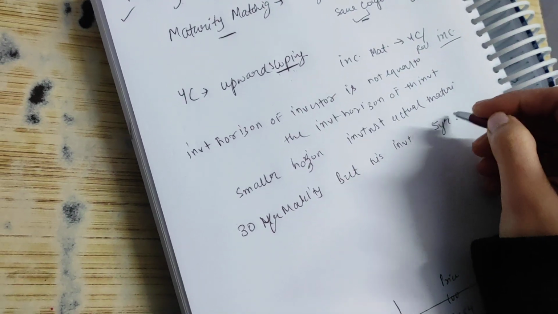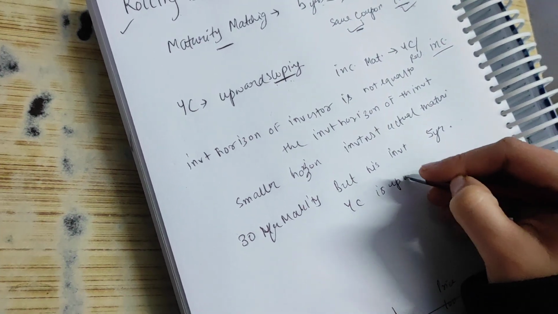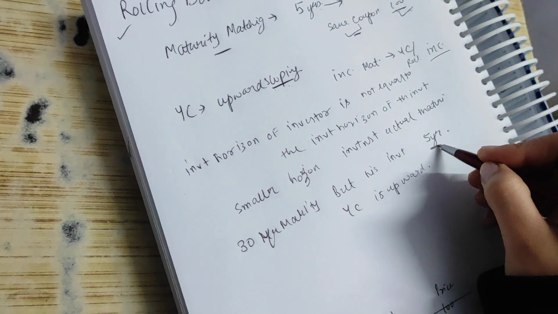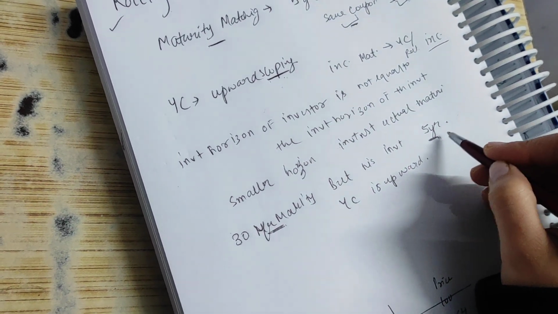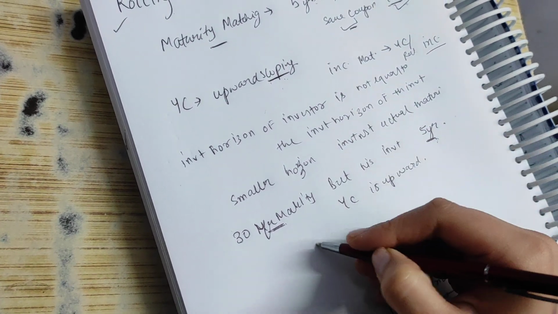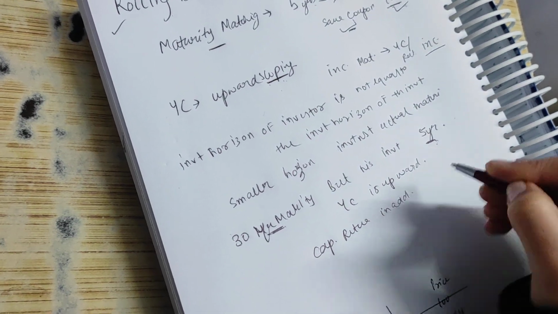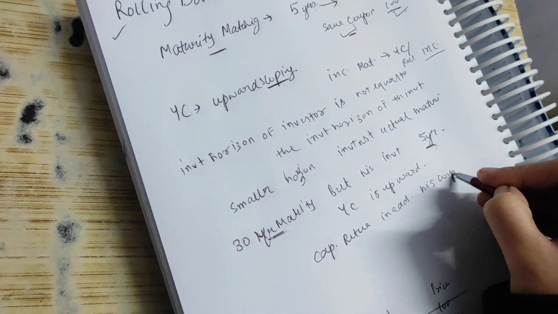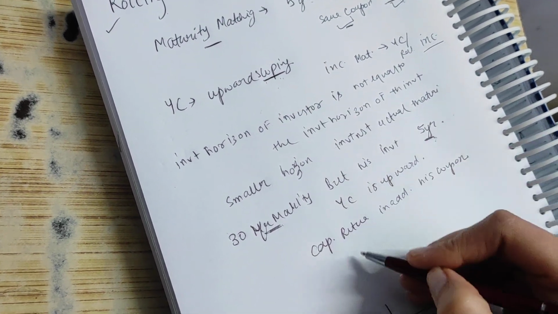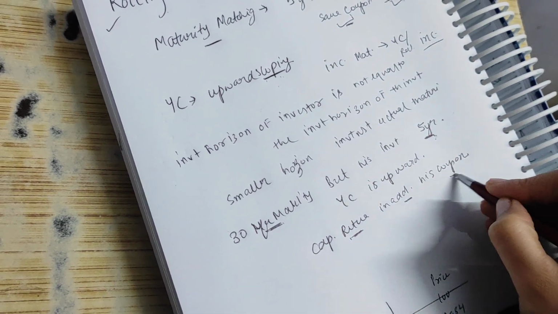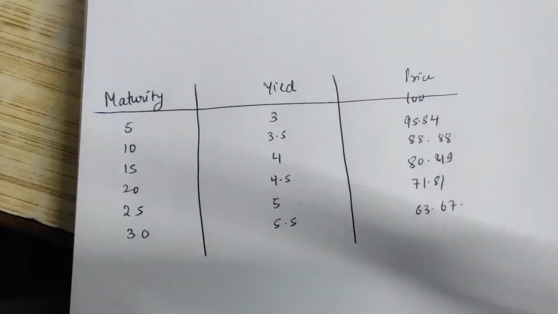So if the yield curve is upward sloping, then what would happen is he will sell before the actual maturity, and he will earn capital returns in addition to his coupon. I have made a table to make it very clear.